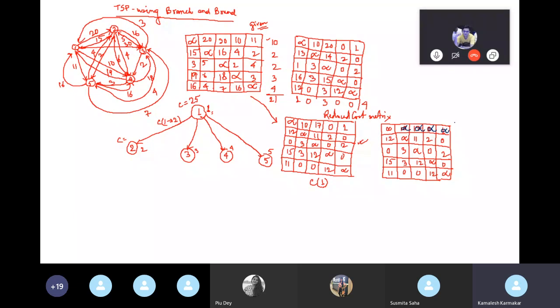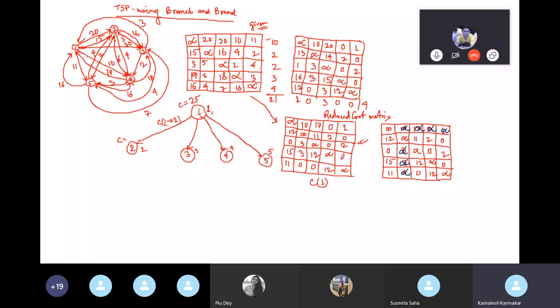So mark this one as infinity. After marking all the elements of the row and all the elements of the column as infinite, then try to reduce this matrix.